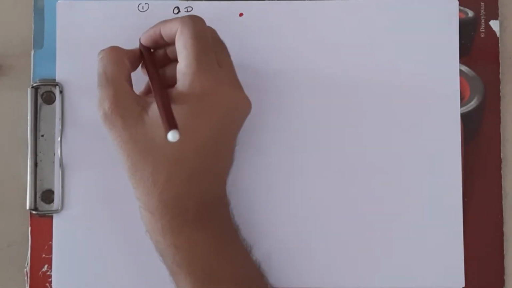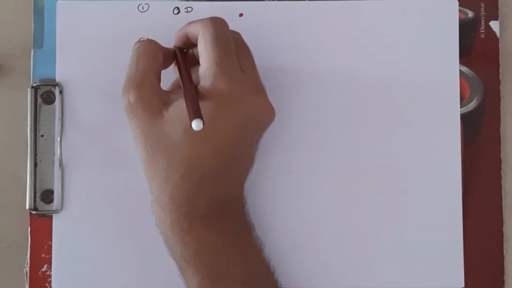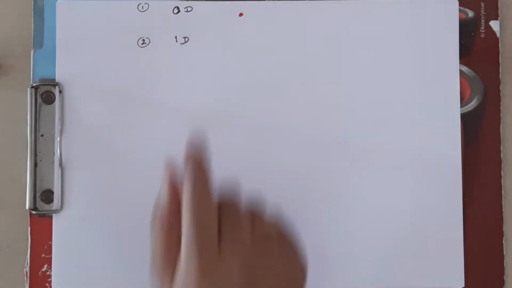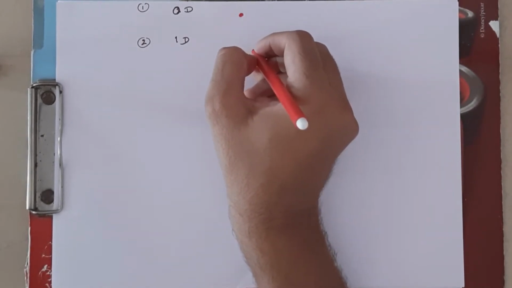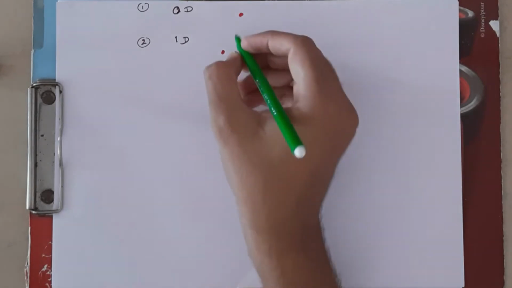Second is 1 dimension. 1 dimension means I have to repeat the 0 dimension 2 times. So this dot and a second dot, and if I draw a line from one dot to the second dot, it is a 1 dimension quantity.